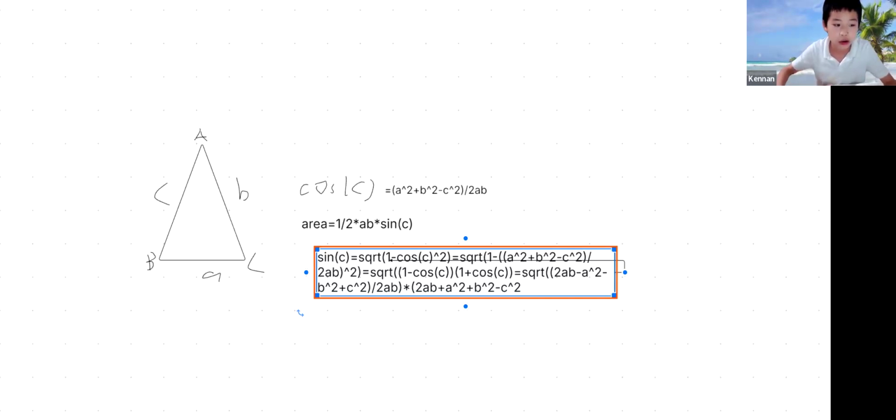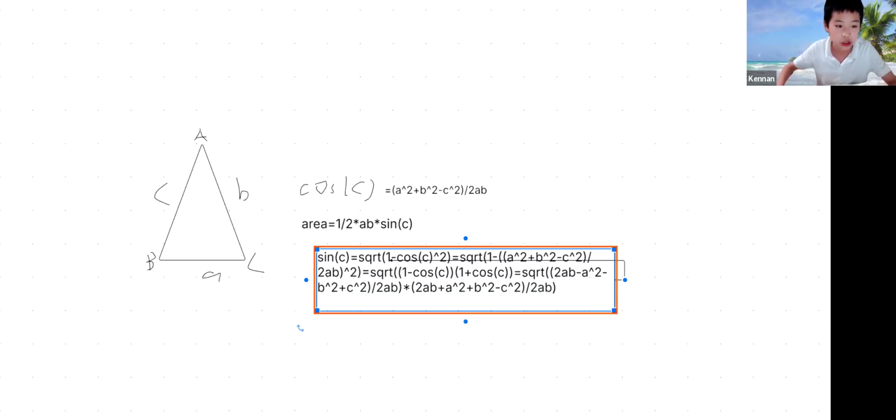Okay, now we can group these terms. First of all, note this part, let me highlight this. This part is equivalent to c squared minus a minus b squared, under a square root, all divided by 2a.